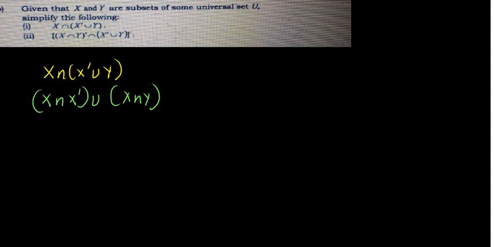Empty set. Good. So this is empty set union x intersection y. So what happens when you get the union of an empty set with a set? You get the same set. So it will be x intersection y.